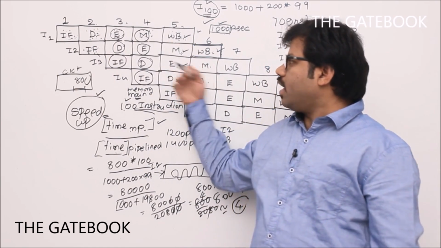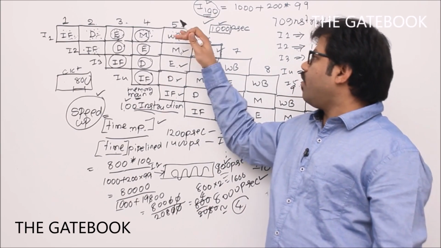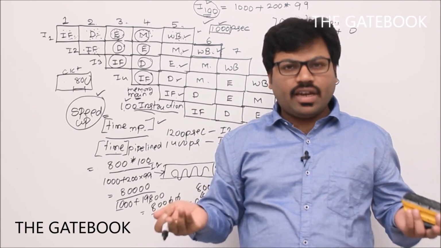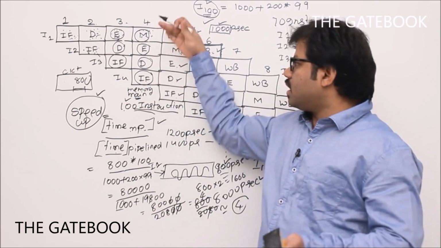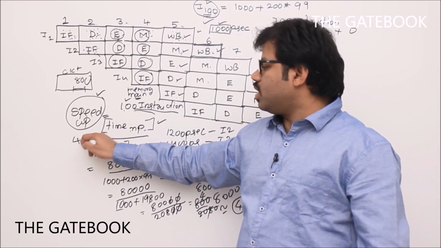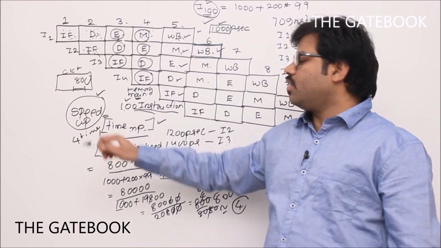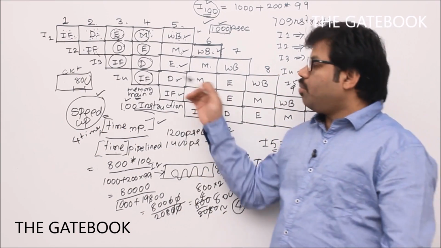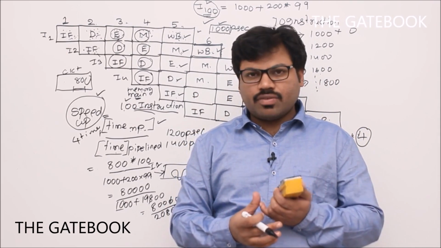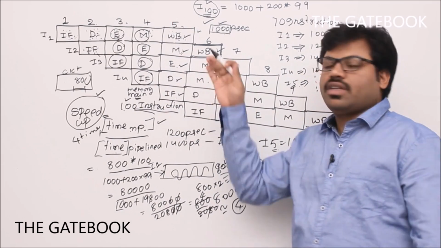Here you take 1000 picoseconds for one instruction, but in sequential execution only 800. But because of the parallelism we got a better result. At least 4 times is definitely better than nothing, right? That's why pipelining gives the performance improvement, because of the parallel execution.